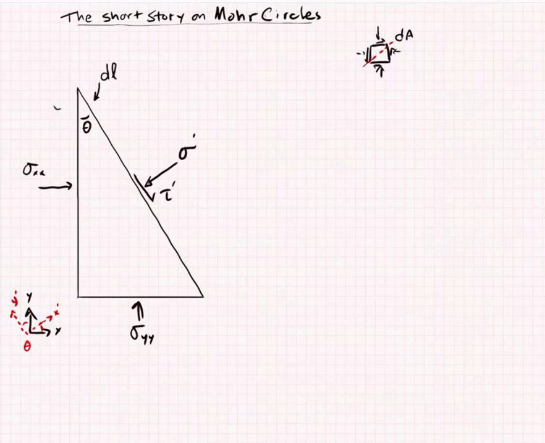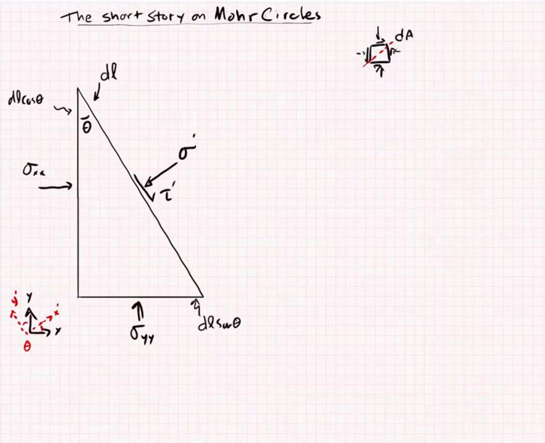And then the left-hand vertical surface will be DL cosine theta, just by the trigonometry of the triangle. And down here at the bottom will be DL sine theta. So those are the areas or lengths in the two-dimensional case that we'll be multiplying our forces by.